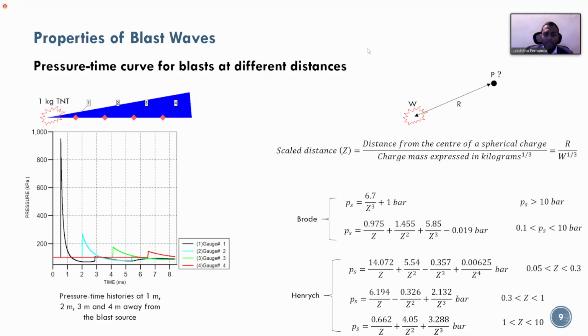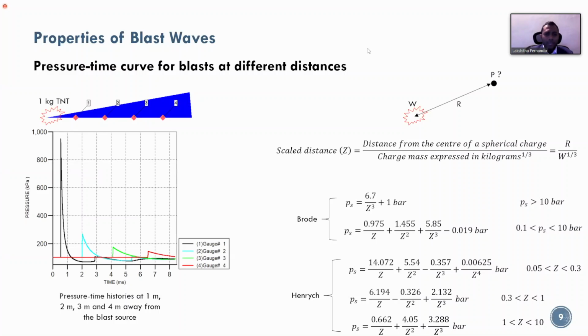So there are a couple of parameters that we define to explain a blast. One is the scale distance, Z, which is a function of the distance from the charge source to the location of interest divided by the mass of the explosive, of course, taken to the power of 1 divided by 3.